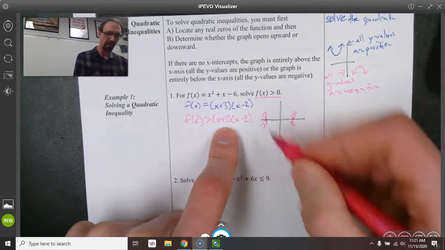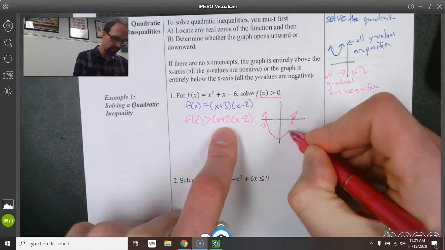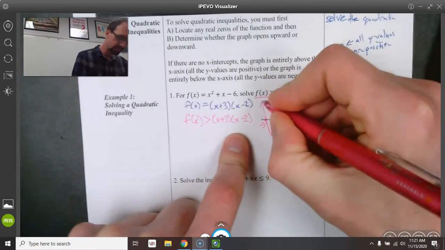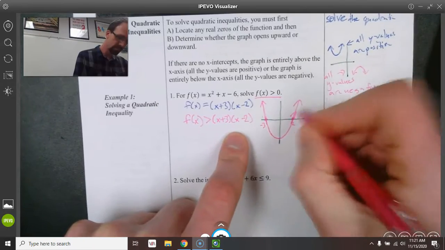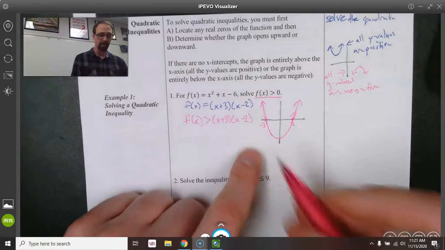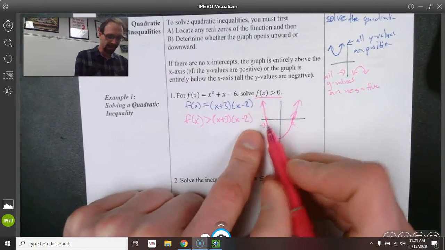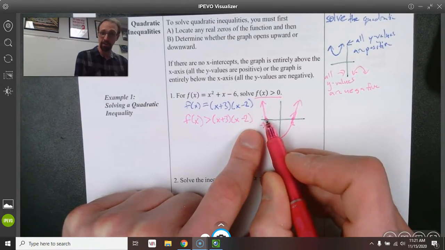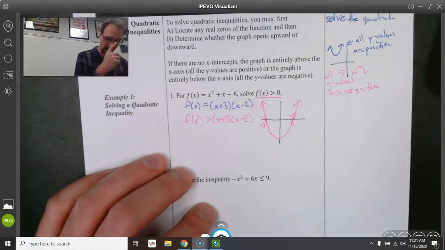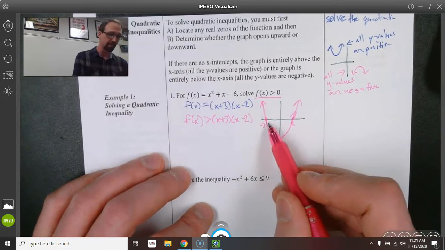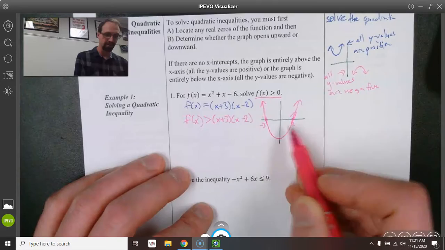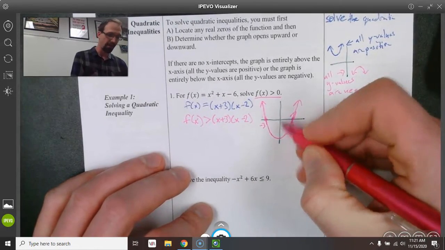So on this graph, when does this graph have values that are greater than 0? Visually I can see it's when my x values are less than negative 3, and when my x values are greater than 2. And here you can visually see all of these values between negative 3 and 2 are going to be less than 0. I'm going to have a y value that's negative.